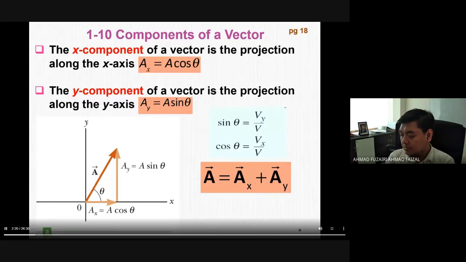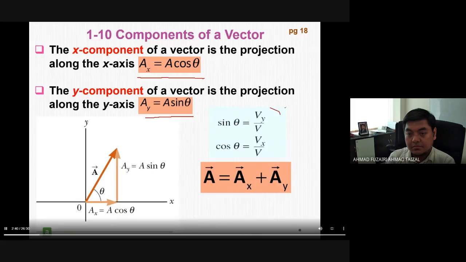Okay, so the X component of a vector is the projection along the X axis. So AX is equal to A cos theta, and the Y component of a vector is the projection along the Y axis. So AY is equal to A sin theta.